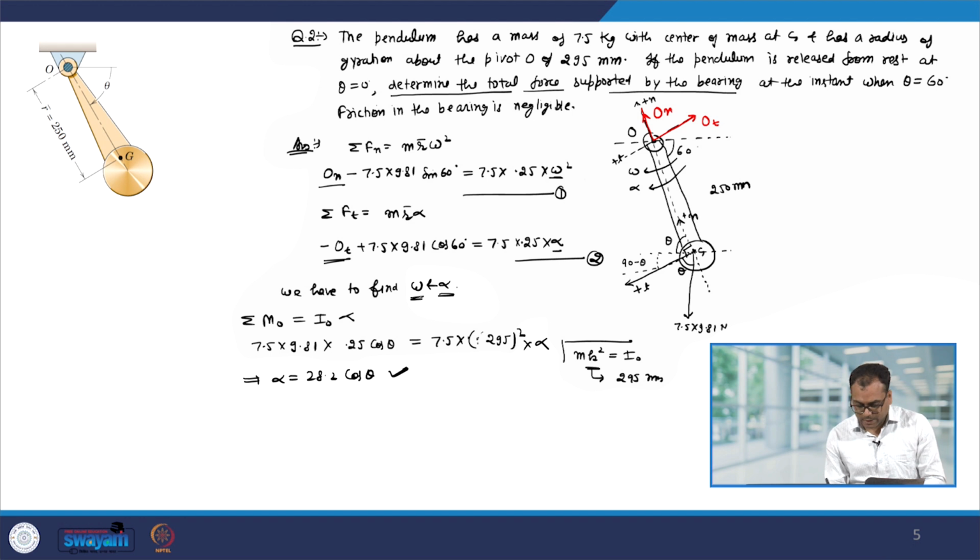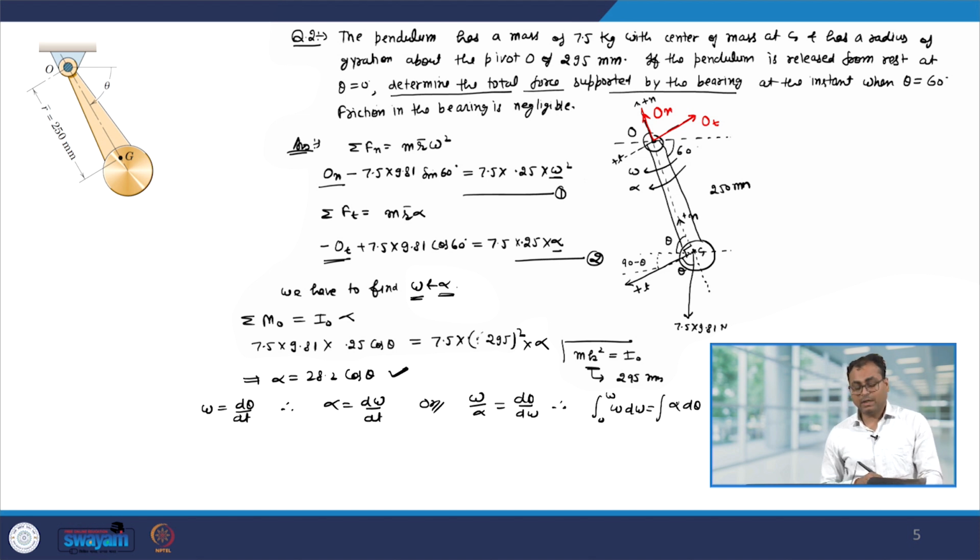Now, let us find out omega. We know that omega equals d theta over dt, and alpha is equal to d omega over dt, or omega over alpha equals d theta over d omega, and therefore, omega d omega equals alpha d theta. Now, the value of theta changes from 0 to pi by 3, and we know the functional form of alpha as a function of theta.